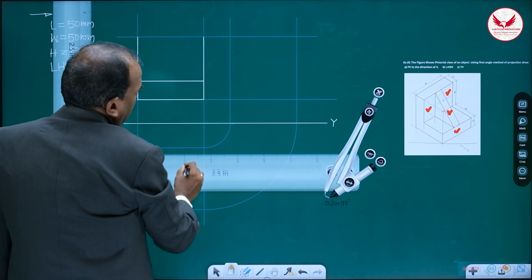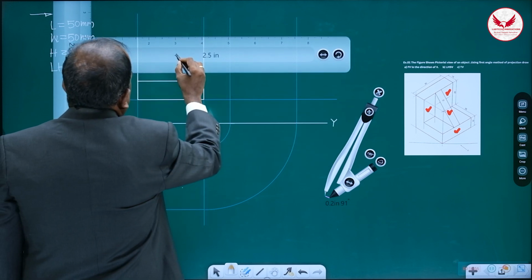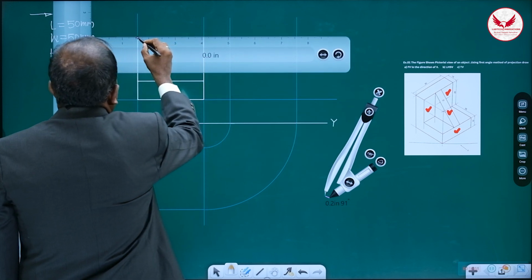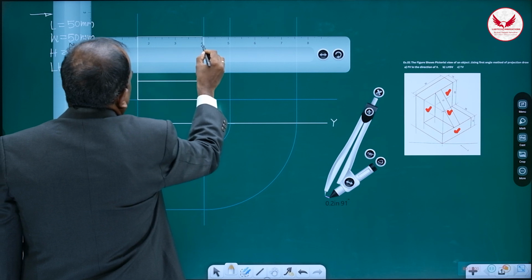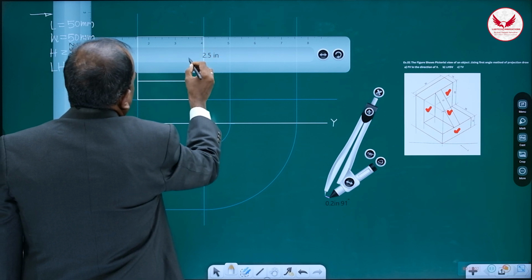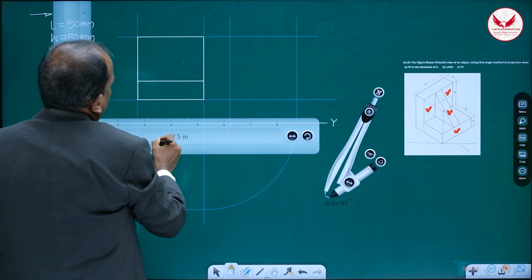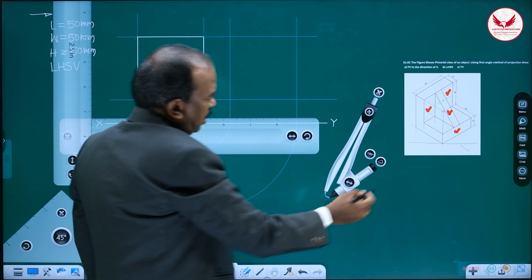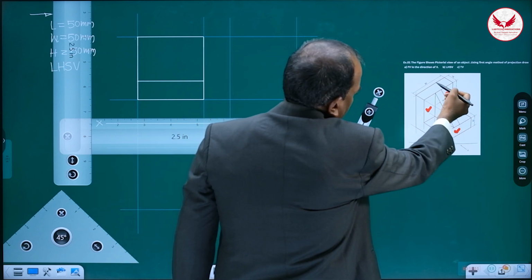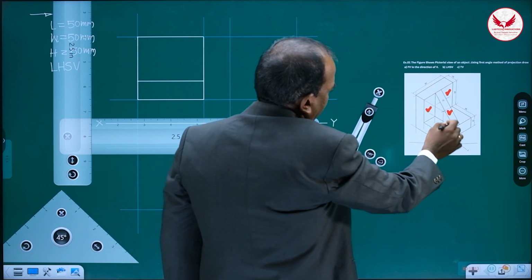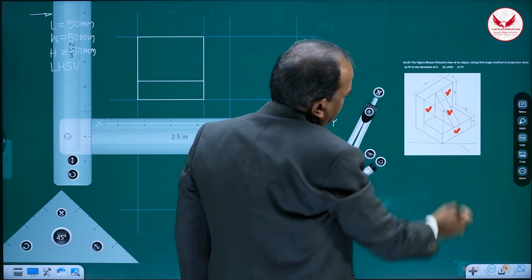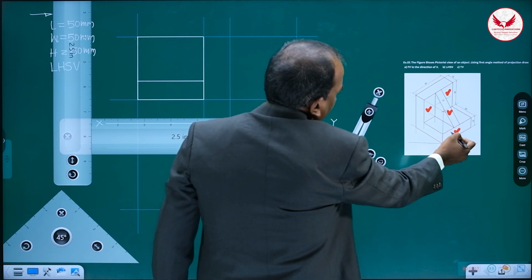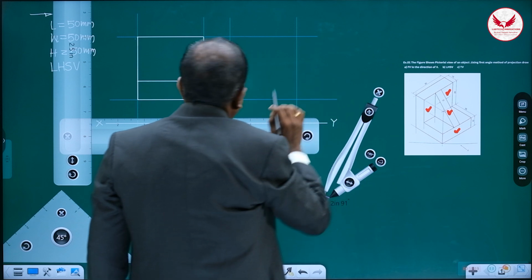And right at the top you will find this edge, like this. So this portion, and centrally there is a rib of 10 mm. In the front view you will find it is vertical, it is above this base of 15 mm and it is right up to the top.